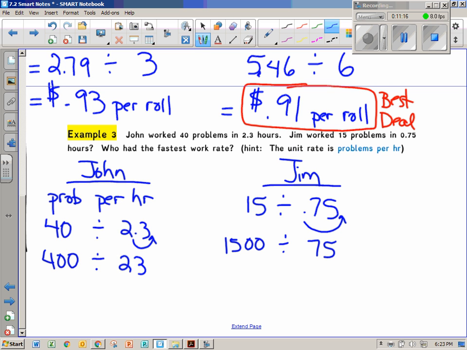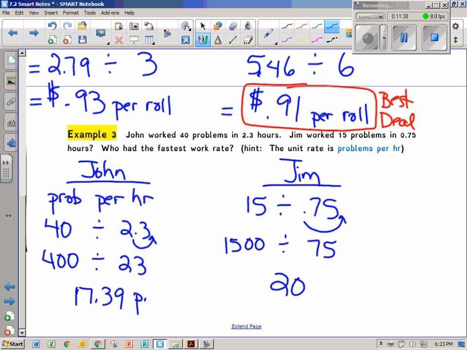On this one, I got 17.39, and that wasn't exact. I just stopped, then I jumped over here, because remember, you're just trying to compare, and I've got enough to be able to compare these. When you divide the other one, it goes evenly. This one comes out to be 20.